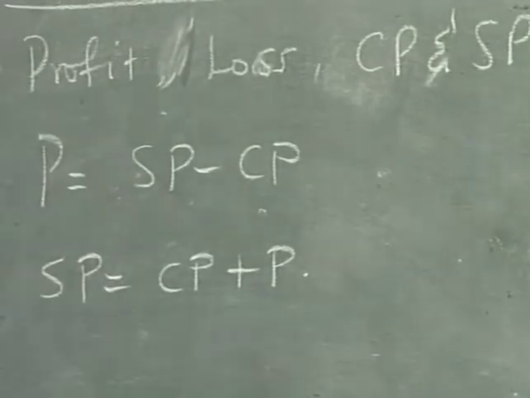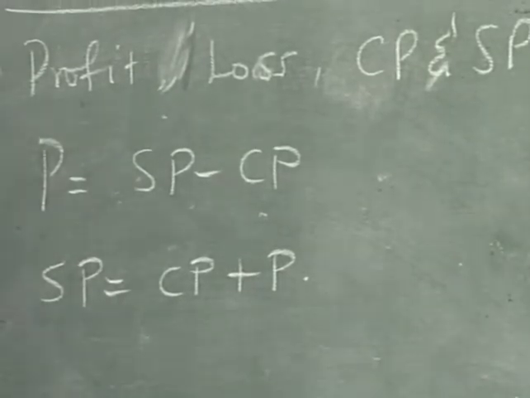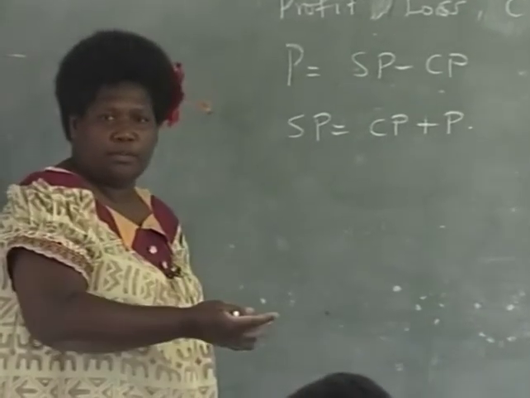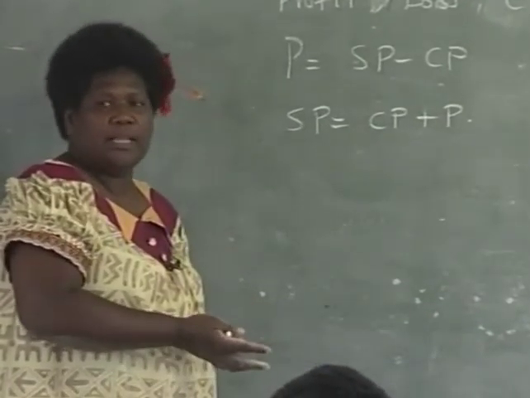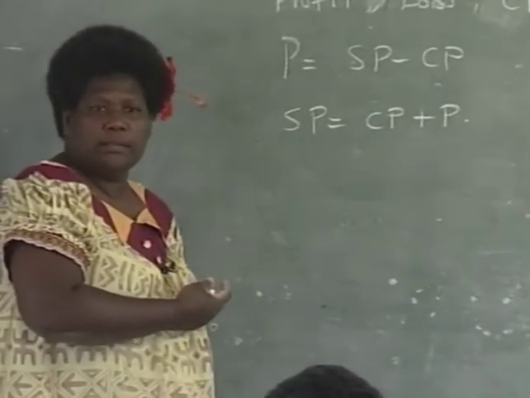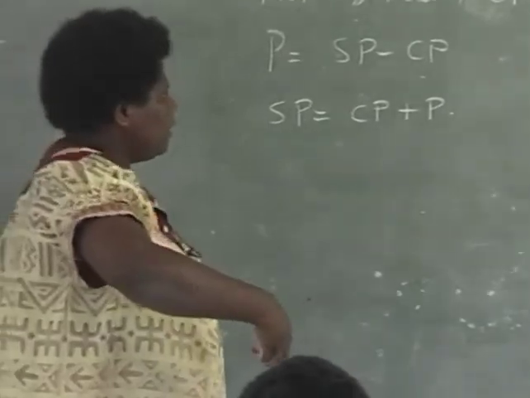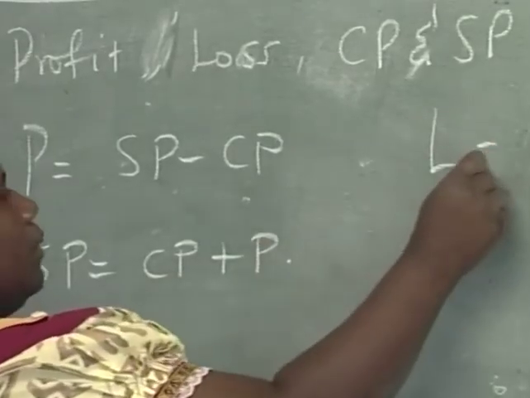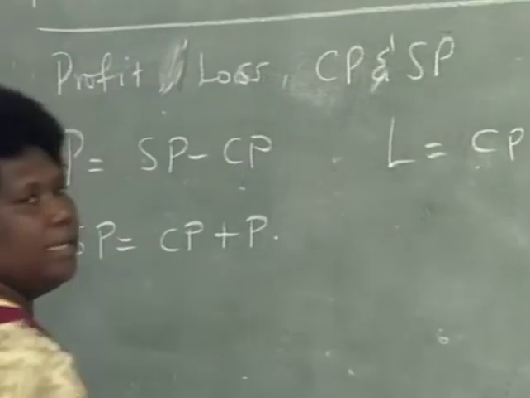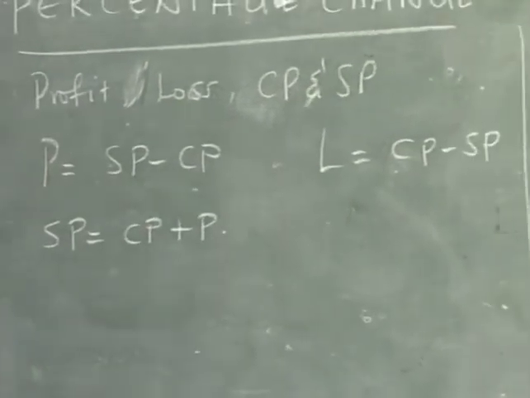And the profit is always a percentage of the cost price that you have to add onto the cost price to give you the selling price. It's exactly the same as the idea when you increase a quantity. And for a loss, the cost price must be greater than the selling price.